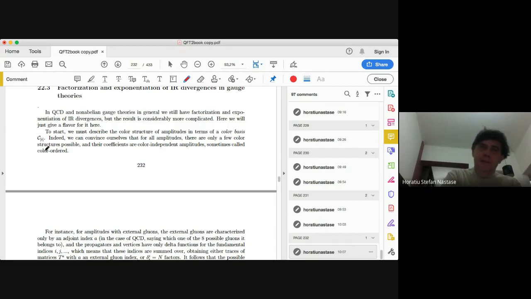Now, to do this, we must describe the structure of amplitudes in terms of color, in terms of the gauge indices. So we have to define a so-called color basis, C_I.